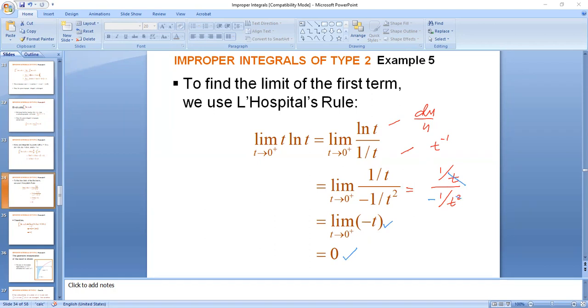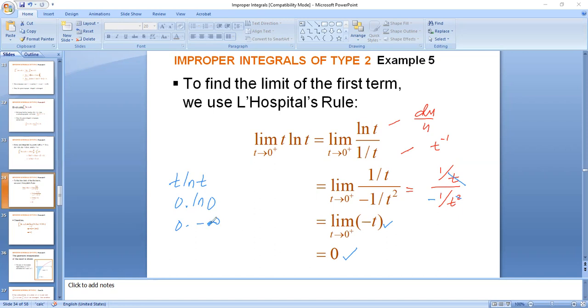It's not something indeterminate after we use L'Hopital's rule. Before that, if you just simply substituted 0 to t, you would get 0 times ln of 0. This would be 0, and this ln of 0 is negative infinity, so you still have an indeterminate form in here.